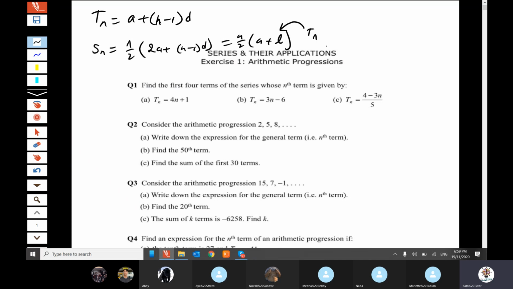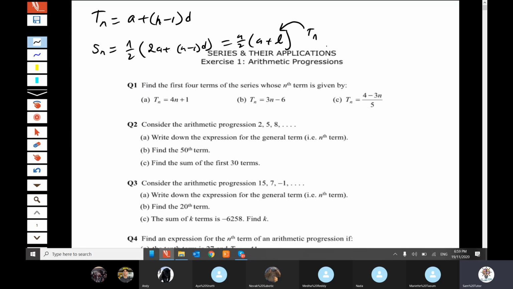Nobody knows Tn. If I told you the fifth term, that is technically the last term, because I'm only stopping at the fifth term. Do you get that? T5. If I told you to tell me the fifth term of a series, you can also say that is technically the last term.